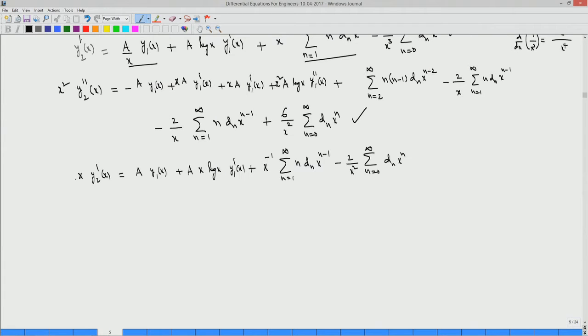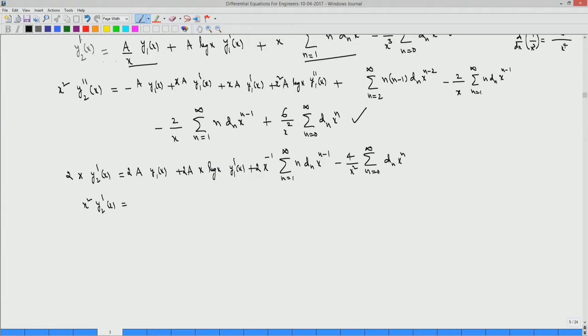So you need 2x y dash, so multiply by 2, so it will be 4. So this is what you have. So what else do you need? x square y2 dash.